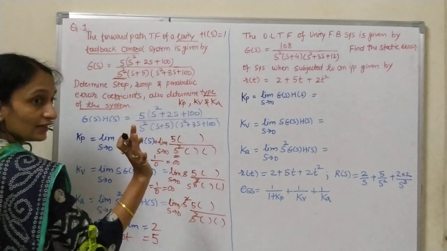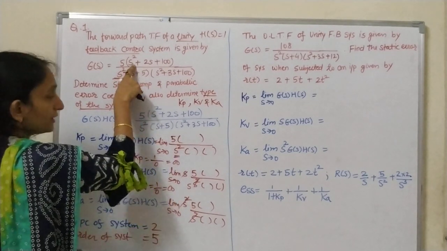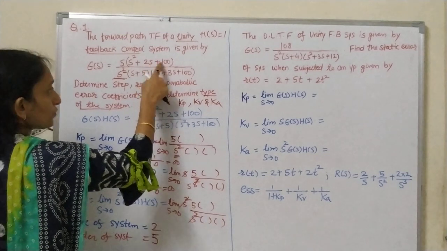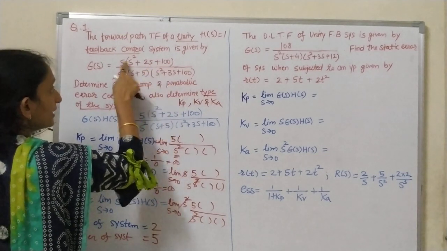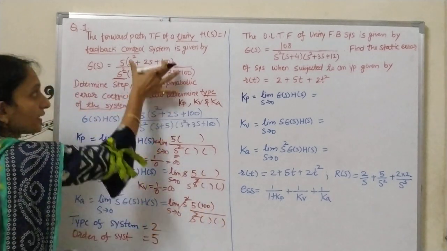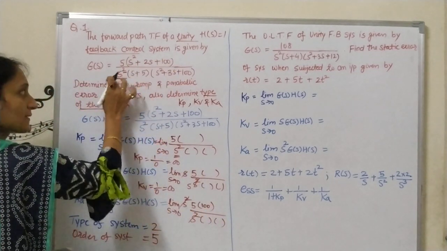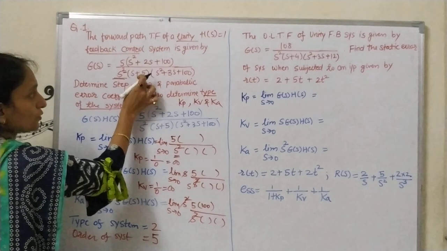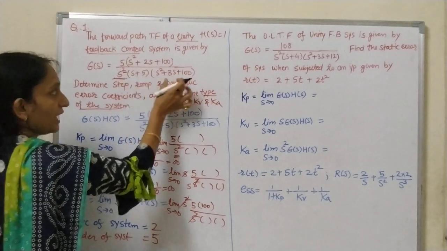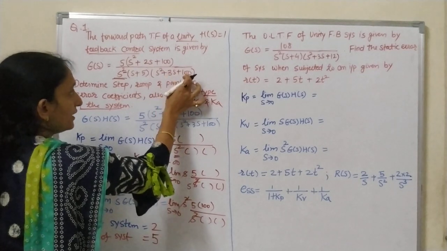When you take the limit of the numerator, the s part will be 0, so in the numerator you get 100 into 5. S square has already cancelled, so what will be left is, with limit s tends to 0, 5 and inside the bracket only 100.